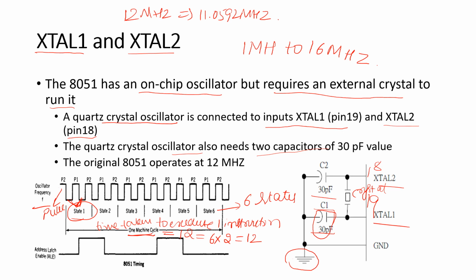So let me write T, the time taken to execute one instruction, is the number of cycles used for one instruction, into 12, divided by the crystal frequency.